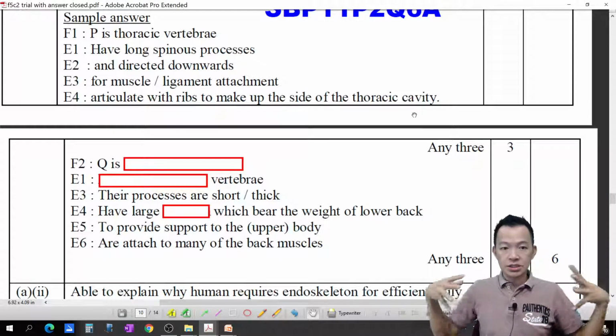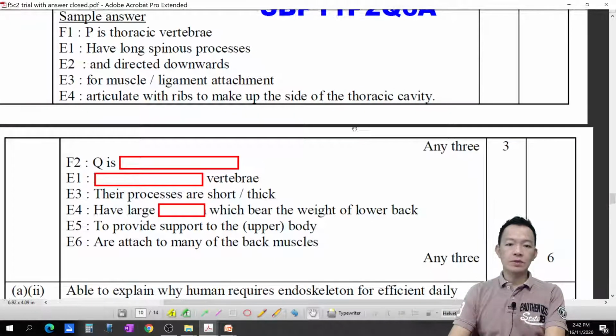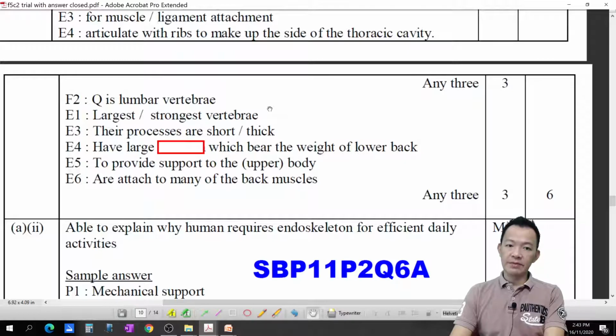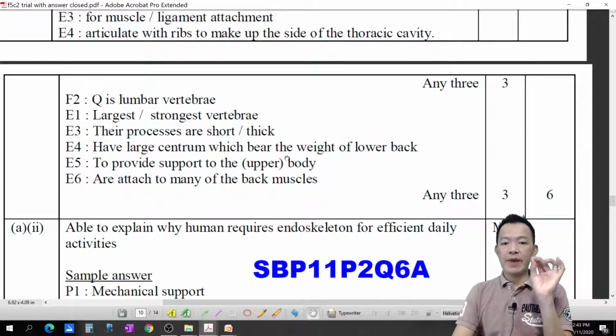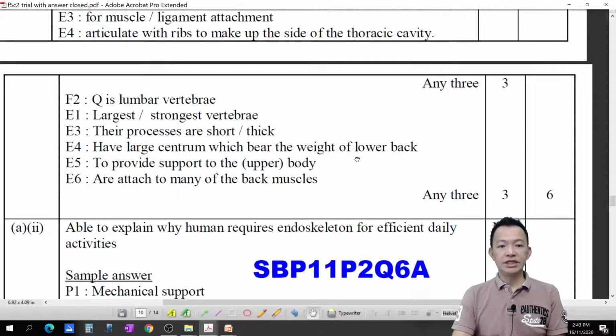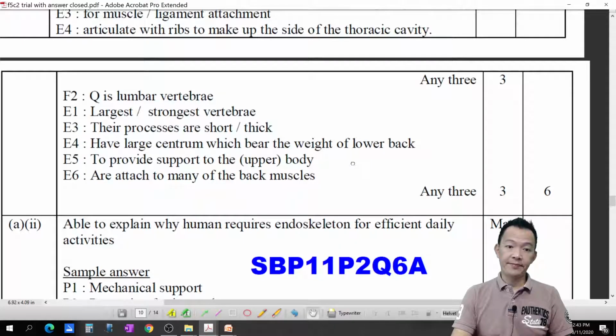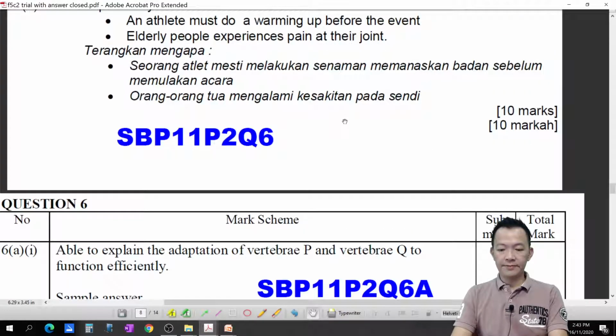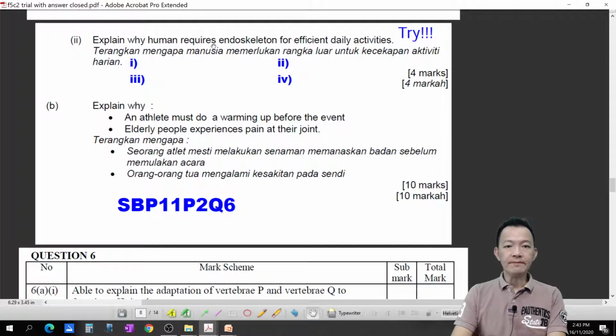Q is the lumbar vertebra, the largest, strongest vertebra, with short and thick processes and a large centrum which bears the weight of the lower back, to provide support.